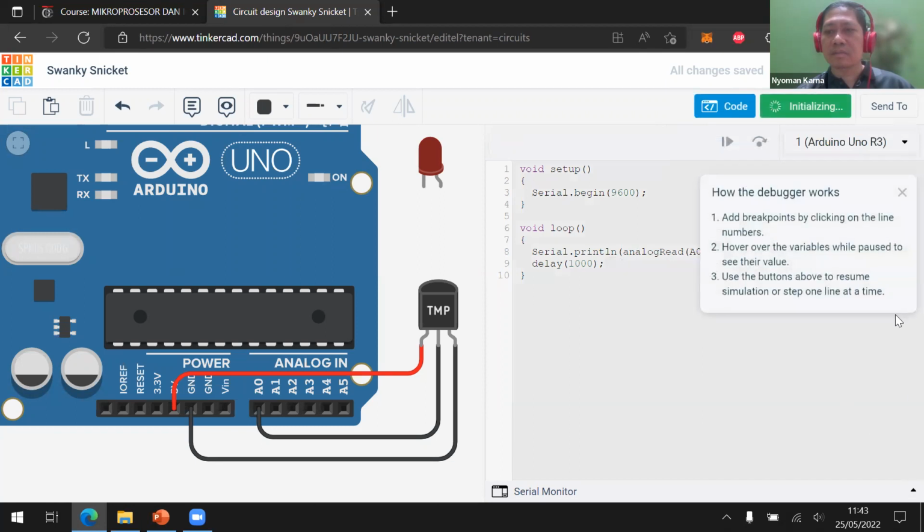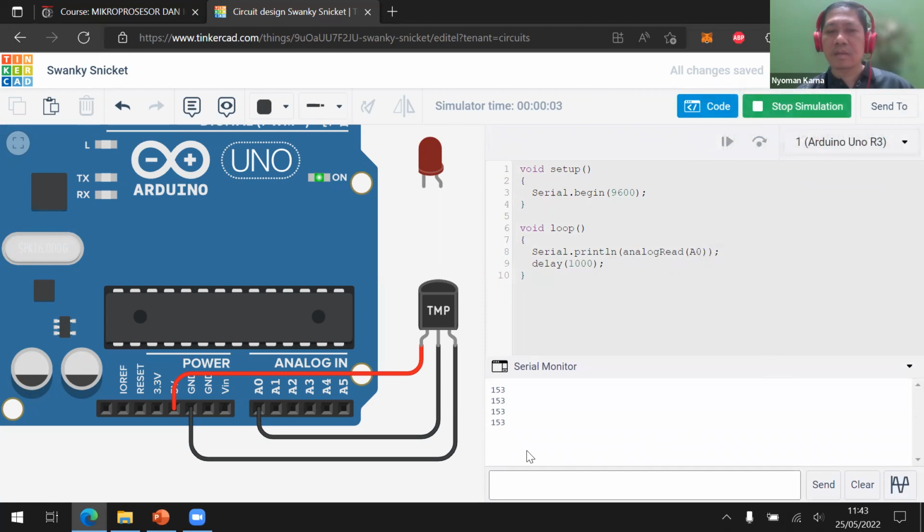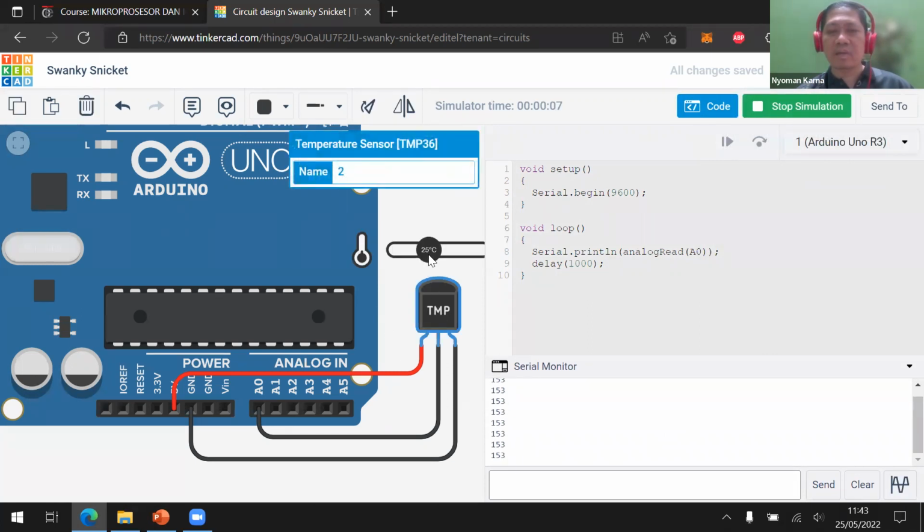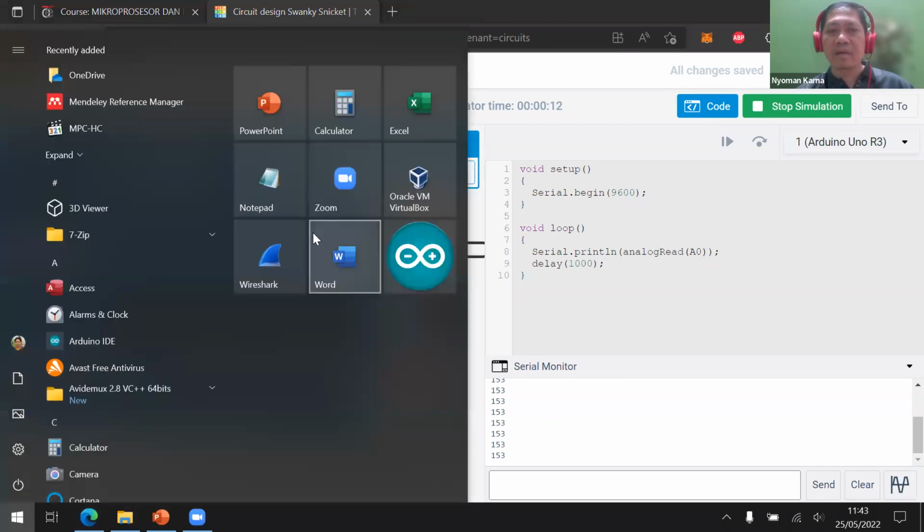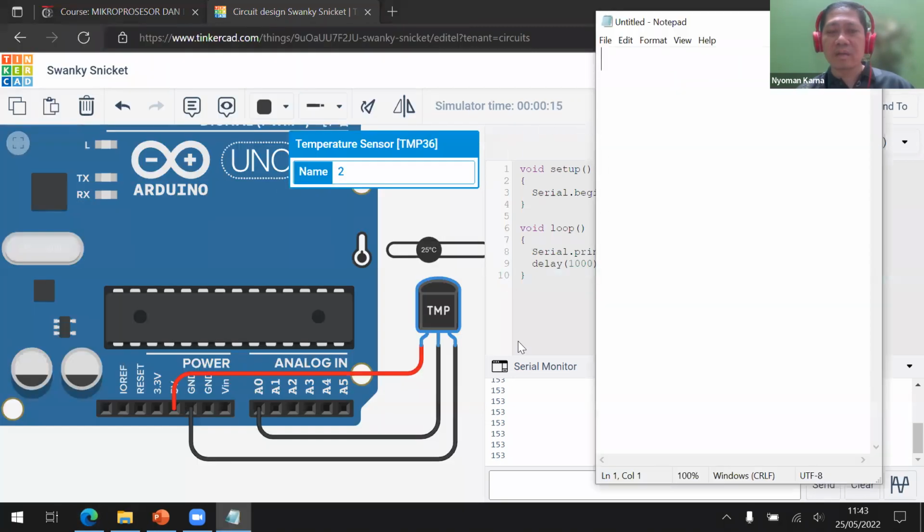Now start. It says 153. This is 25 degrees Celsius. So we need to calibrate from this value to this value. The Arduino read 153, which is actually 25 degrees Celsius.